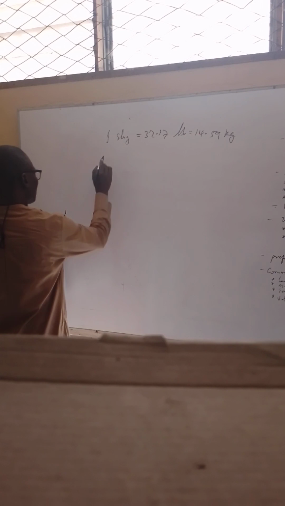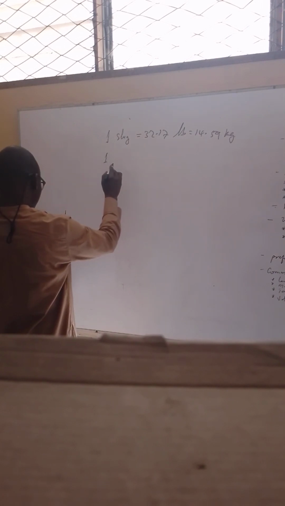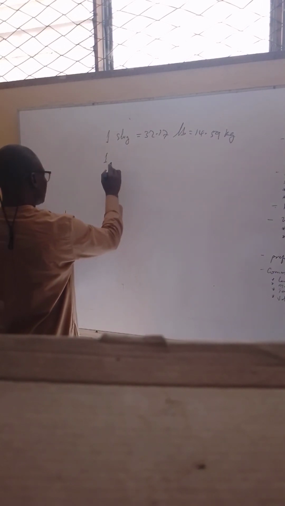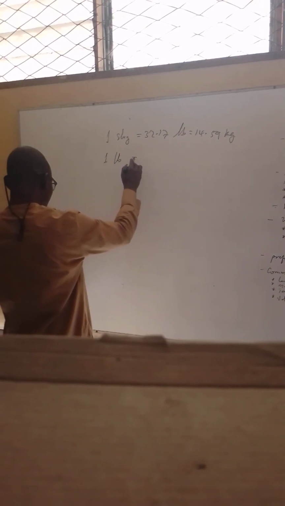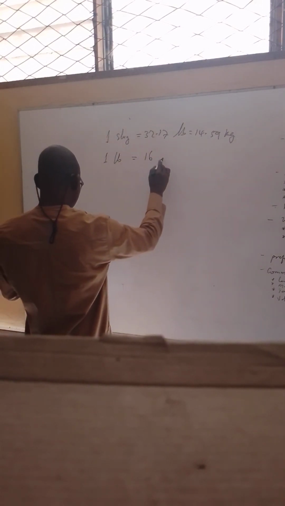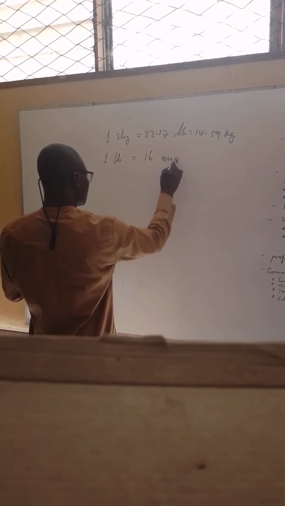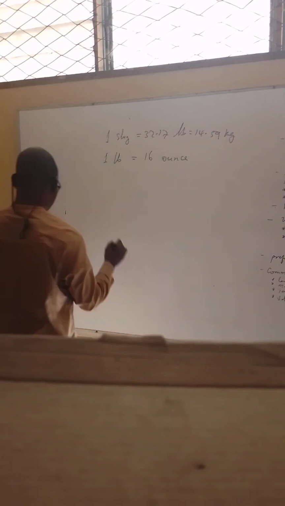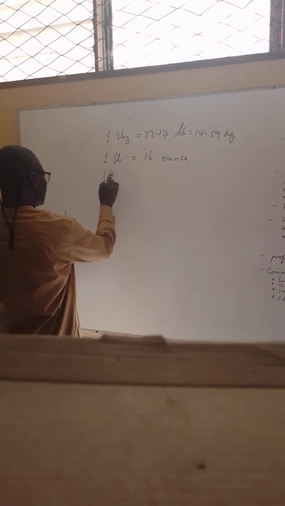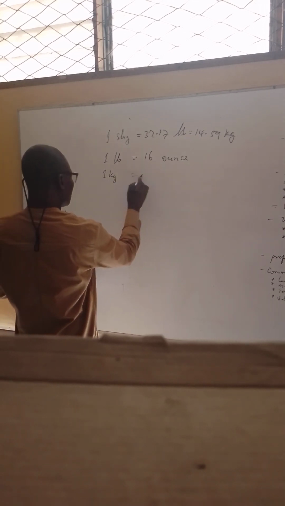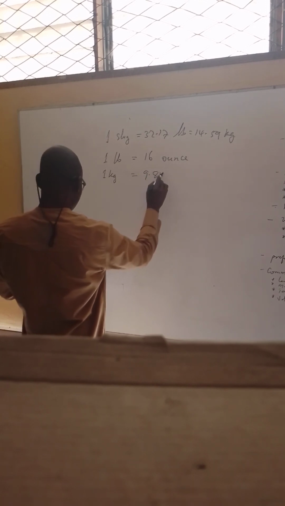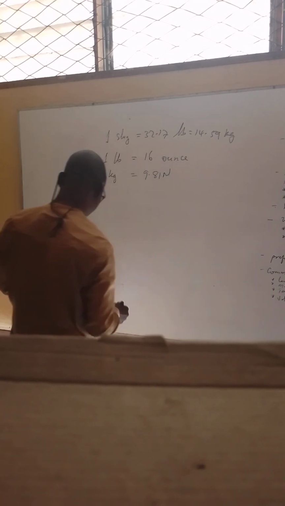And then 1 pound is equal to 16 ounces. 1 kilogram is equal to 9.81 Newton.